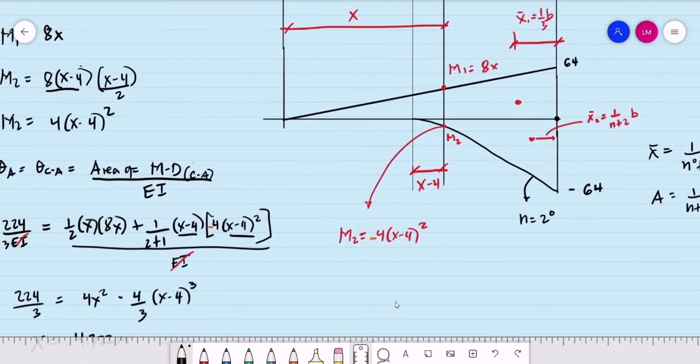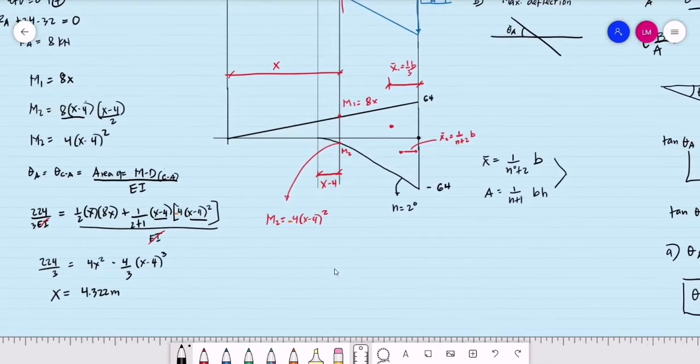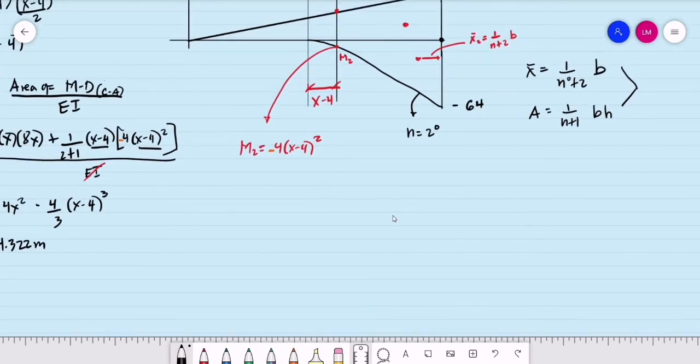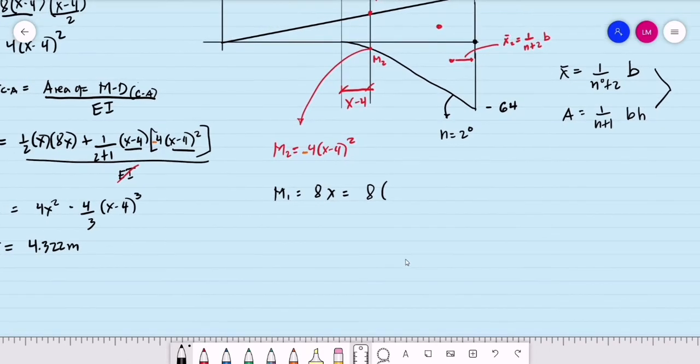So we are now to compute for the equivalence of the moment so that we can place their value. We have moment number 1 a while ago, which is 8 times x. So this is the same as 8 times the value of x, which is 4.322.